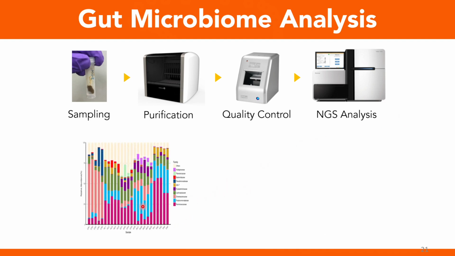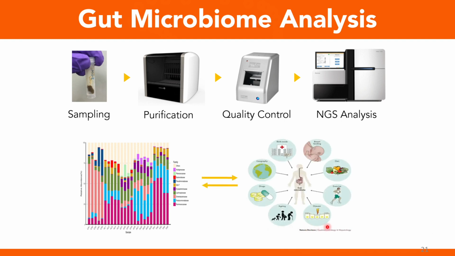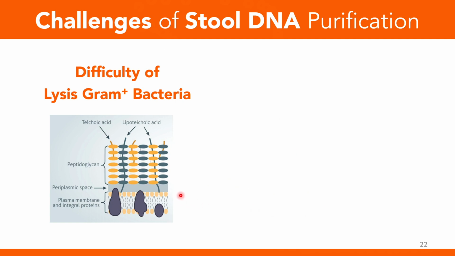Then we can get the bacterium population information, and we can use it for many different aspects of studies. But the very first step is to purify the stool DNA, and there are also challenges for stool DNA purification.